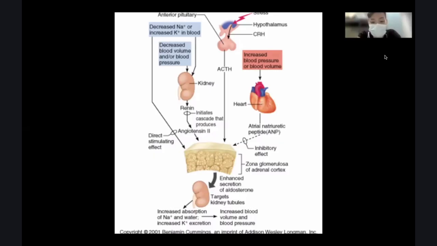Your aldosterone takes its effect in the kidneys and would make your kidneys increase absorption of sodium. Hence, your water will follow your sodium. Then there would be increased potassium excretion. The end product would be increased blood volume and increased blood pressure.